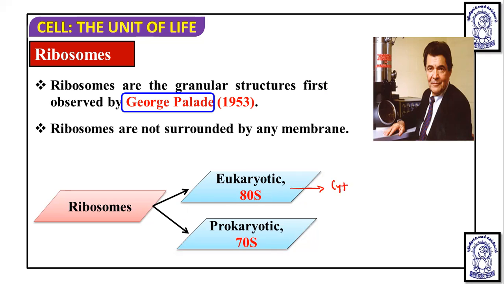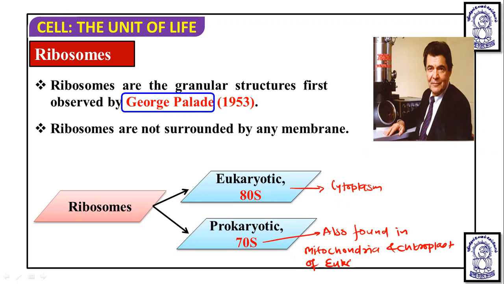Whereas in the prokaryotic cell they are 70S, and this 70S is also found in mitochondria and chloroplast of the eukaryotic cell. Okay, so this is the ribosome.